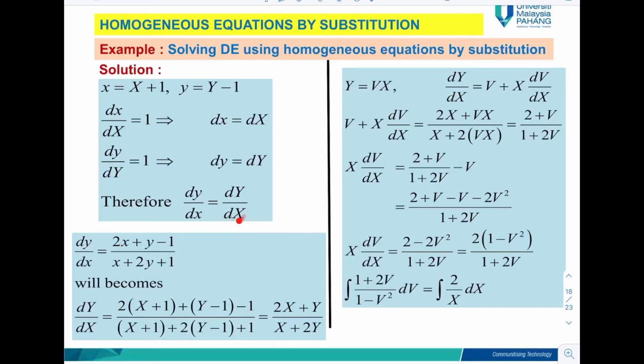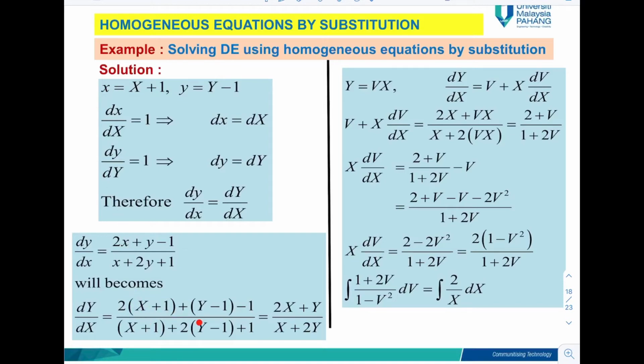Next step, this one is the question, right? Then dy over dx clearly you can have as dY divided by dX. So the 2x over here you must replace by this one.